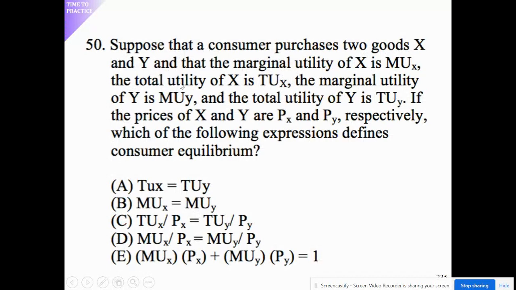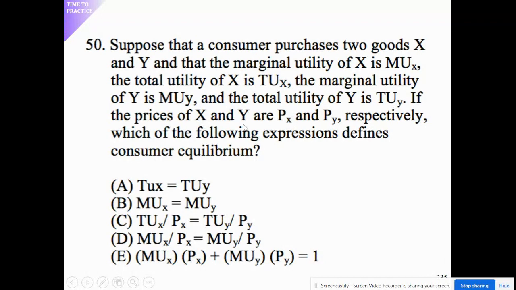Next one says the same thing here. Suppose that the consumer purchases two goods, X and Y, and the marginal utility of X is MUX, and the total utility of X is TUX, and the marginal utility of Y is MUY, and the total utility of Y is TUY.